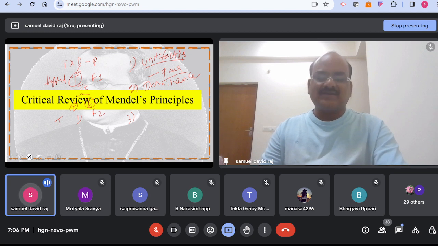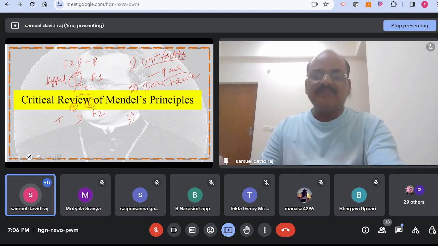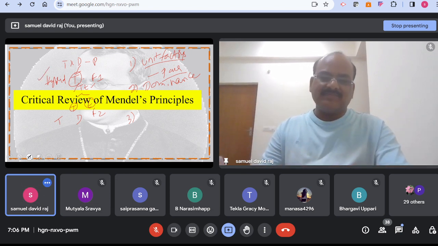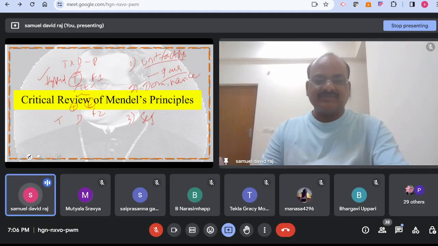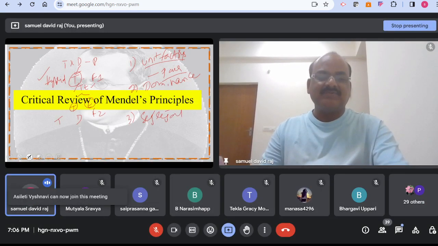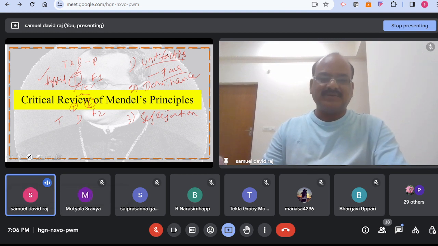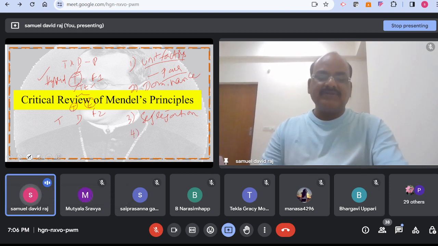This separation of factors responsible for a pair of contrasting characters in an F1 hybrid is called segregation. This is the third principle of inheritance proposed by Mendel.